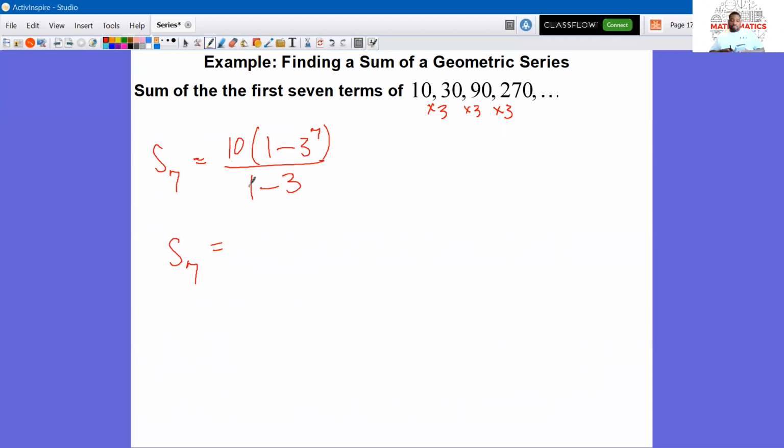What's going to happen is you're more than likely going to get a decimal here. You really want to know what the actual number is, because these things, the thing about these sums for geometric series, they get out of hand quick, fast, in a hurry, as you can see here.